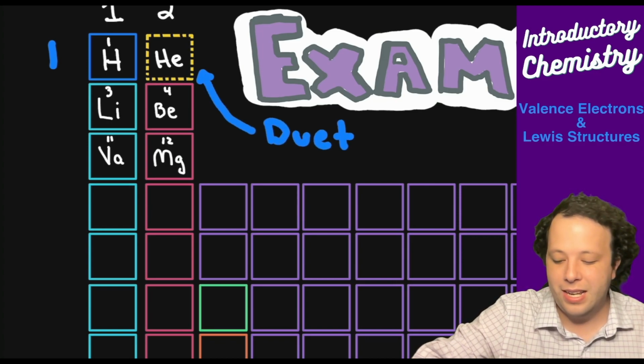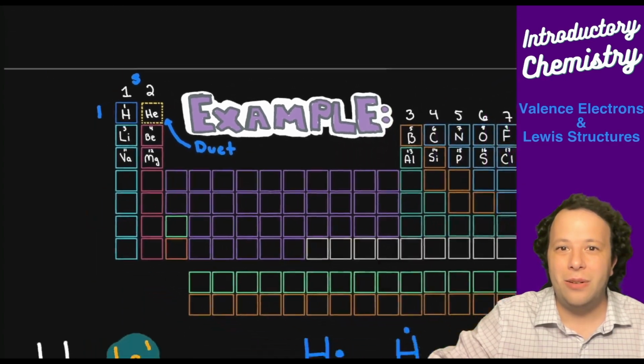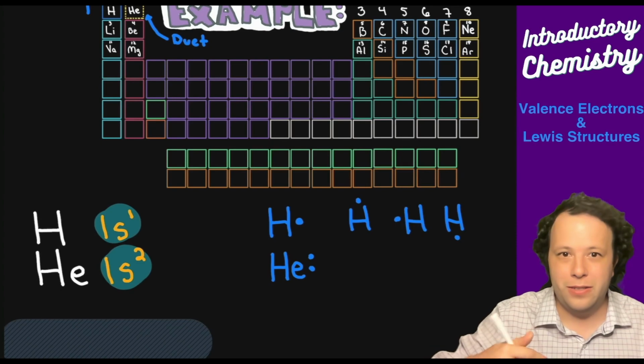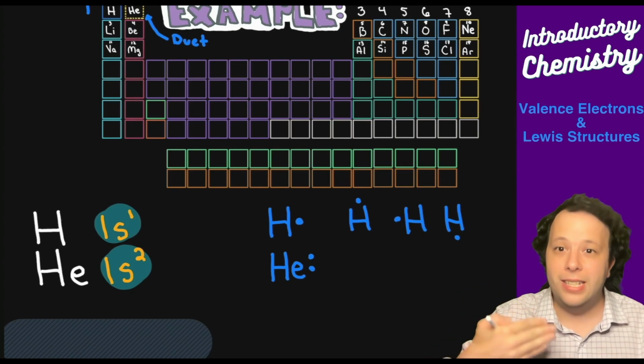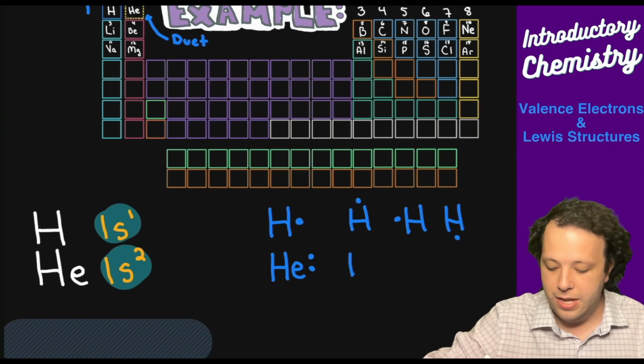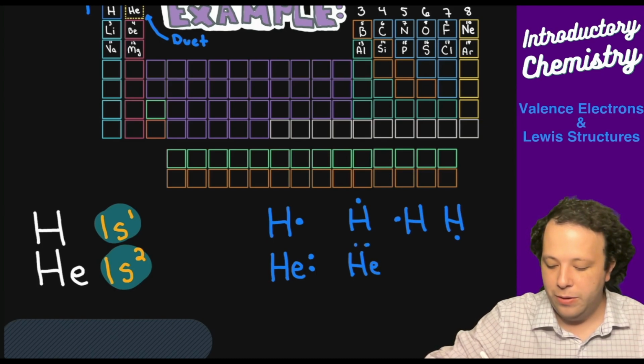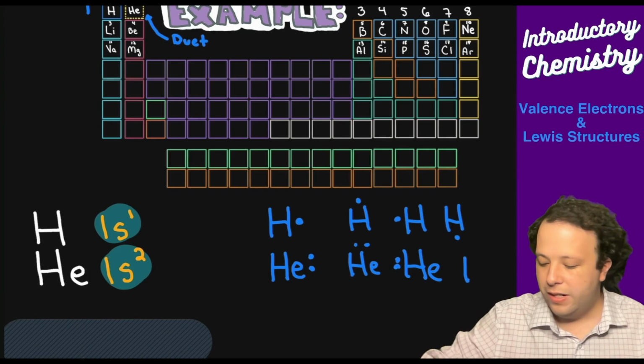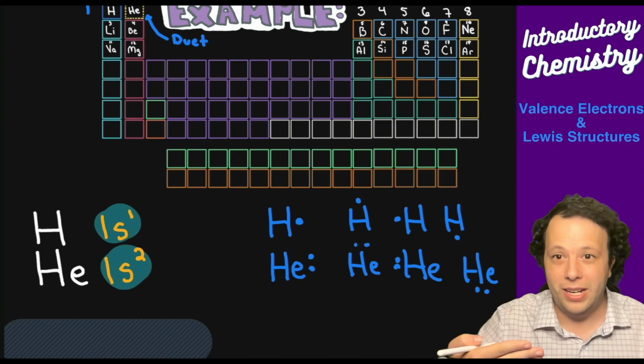It has a complete level. So for this one, it's going to be a little different than all the others. We're going to put those 2 dots together to help represent that this has a complete orbital. And we can put them on any side, as long as you have some kind of consistency with the way you write these.